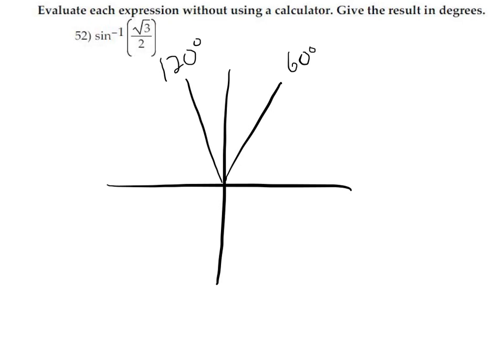There's actually an infinite number of spots where sine equals square root of 3 over 2, but they're all coterminal at these two spots. However, arc sine only lives in either quadrant 1 or quadrant -1, so there's only one answer that satisfies sine equals square root of 3 over 2 where arc sine lives, and that is 60 degrees.